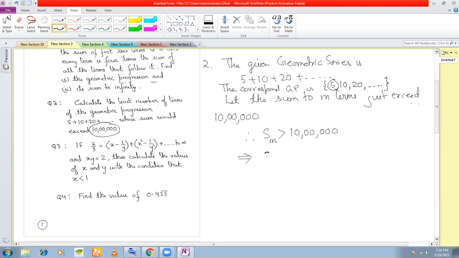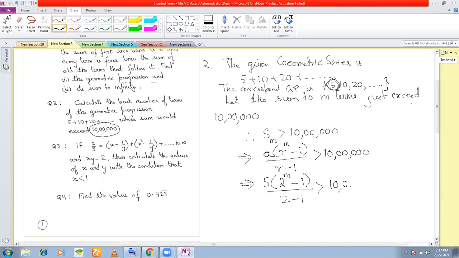So A, let me write the formula: A into R to the power of m minus 1 by R minus 1 must be greater than 10 lakh, right? Now A here is 5, and the common ratio R here is 2, since 10 by 5 is 2. So 5 into 2 to the power of m minus 1 by 2 minus 1 must be greater than 10 lakh.